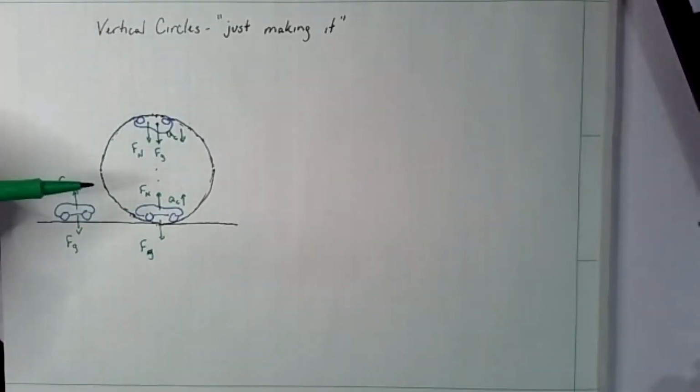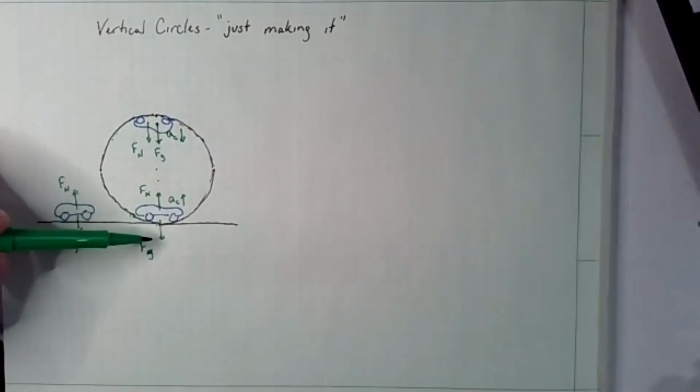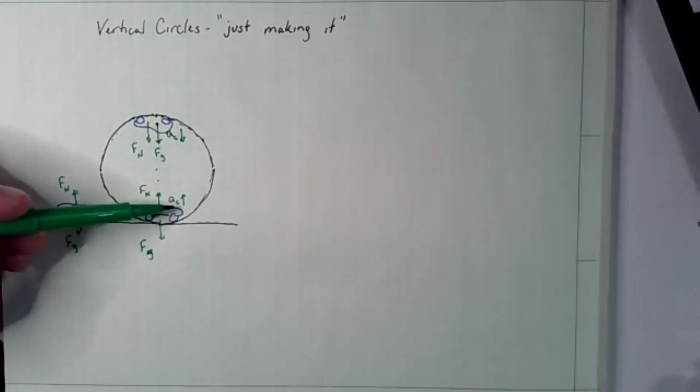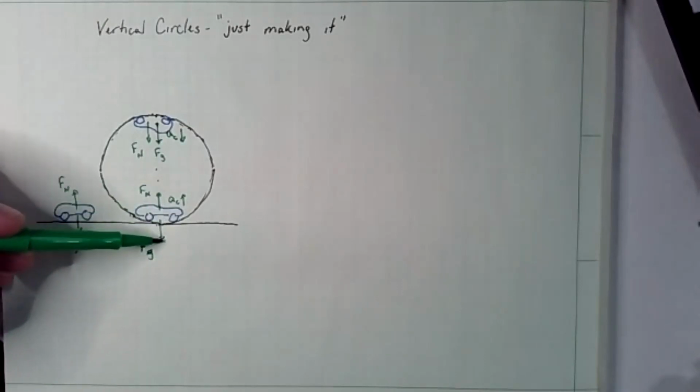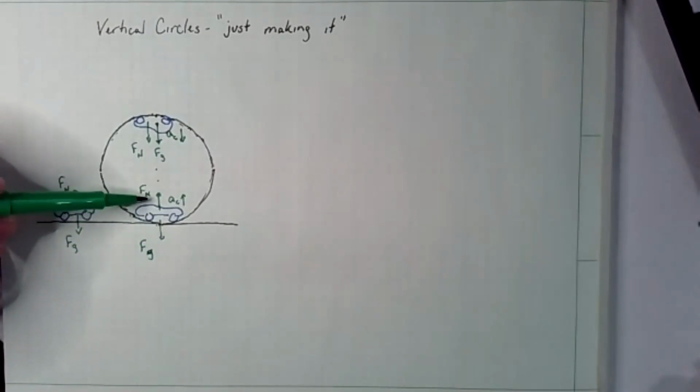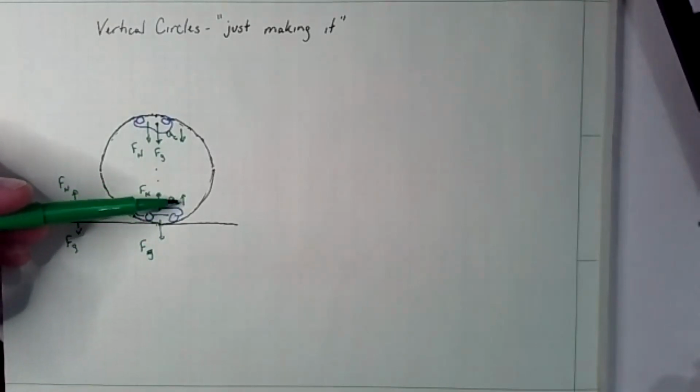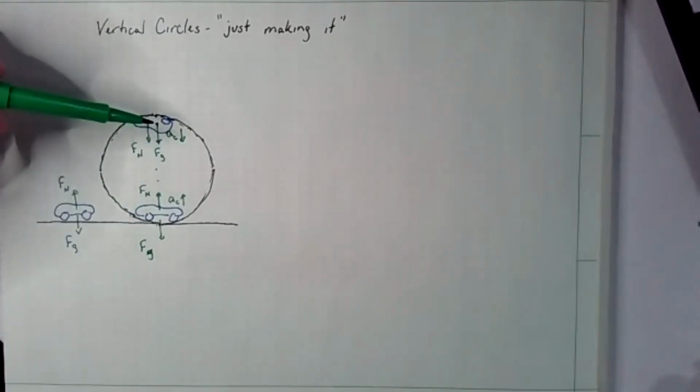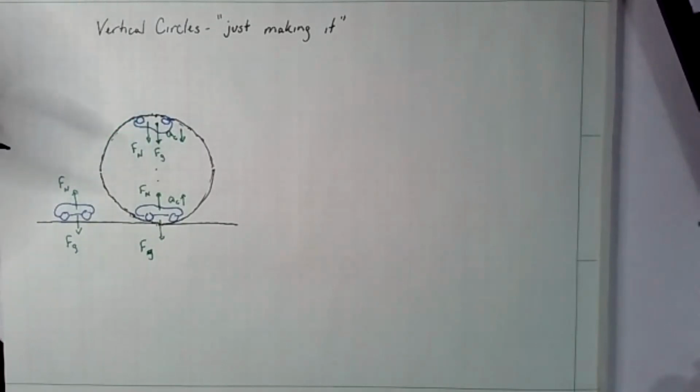Right, so let's take a look. What's going to result? These are the only two forces acting on it. So in order to provide the centripetal acceleration at the bottom, the normal force has to be bigger than gravity. So Fn has to win in order to make the centripetal force upward. But at the top, where gravity and the normal force are working together, the normal force doesn't have to work as hard.